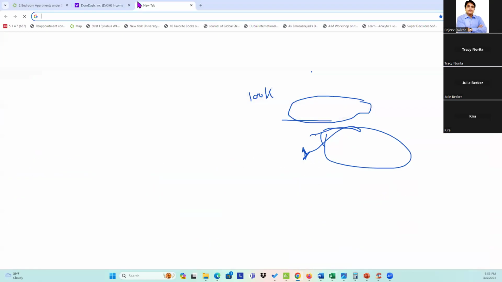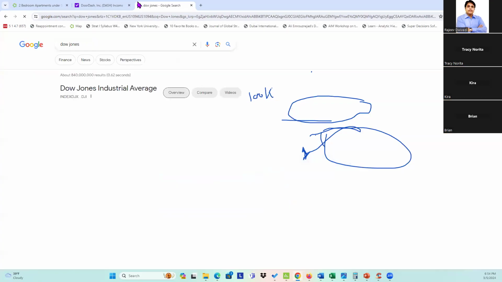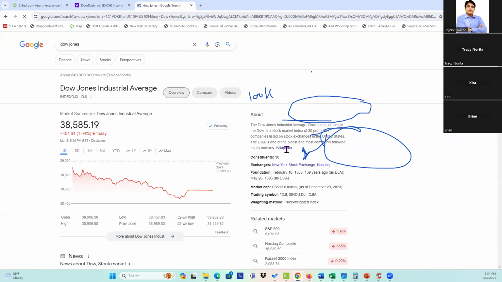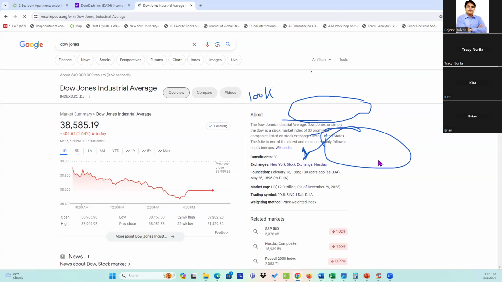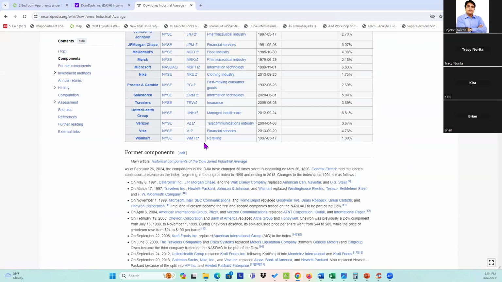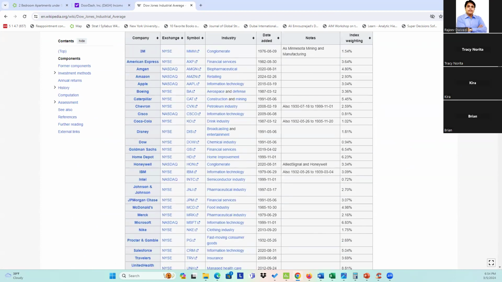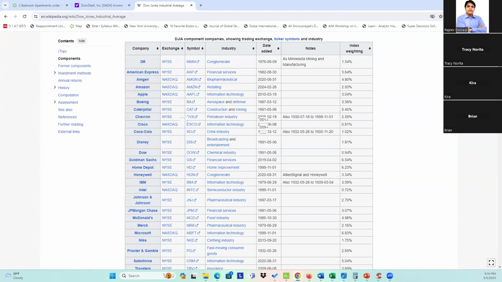So here, this is the Dow Jones Industrial Average. Basically you can see these are the companies contributing to the Dow Jones Index, and this is their index weight.